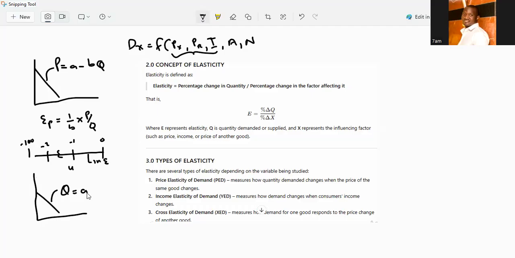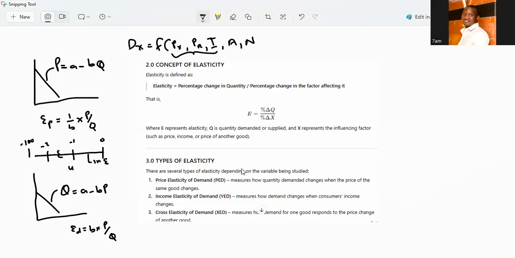A minus BP. So this is a direct demand function, which is simply given by elasticity of demand is equal to what? B times price over quantity. So this is a direct demand function, the simplest formula you can use.